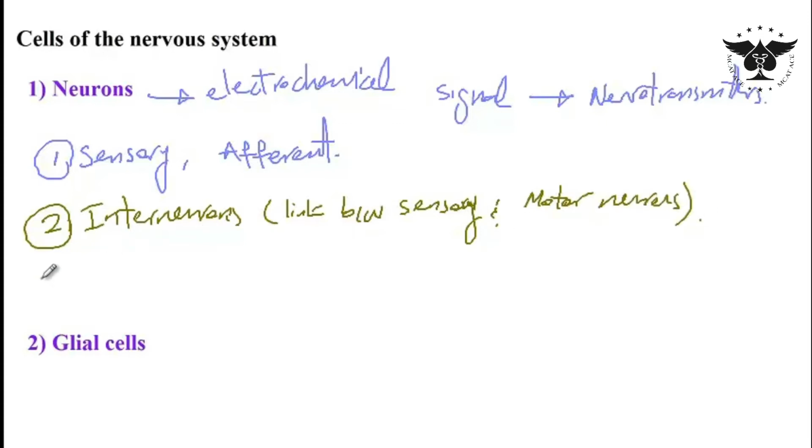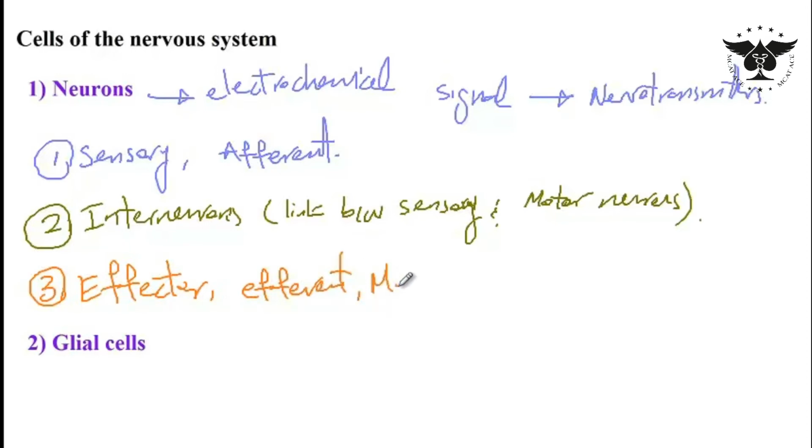And then finally, the last type is the effector or efferent or motor neurons, the function of which is to relay information to the effector tissues, such as muscles and glands. So it will affect muscles and glands and other tissues.